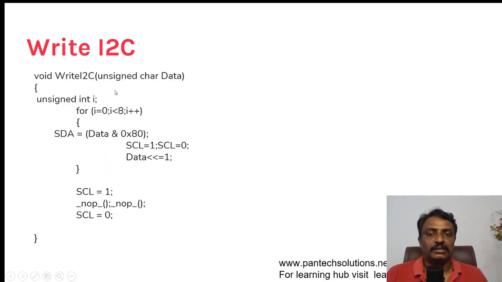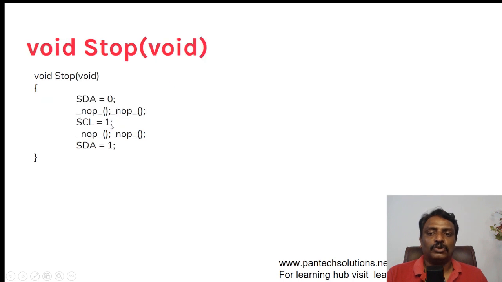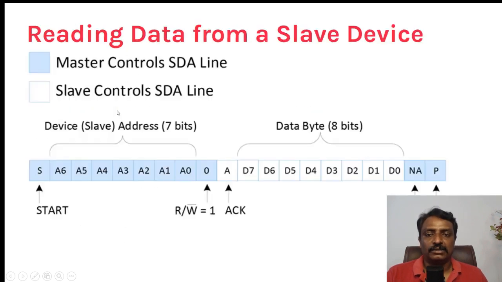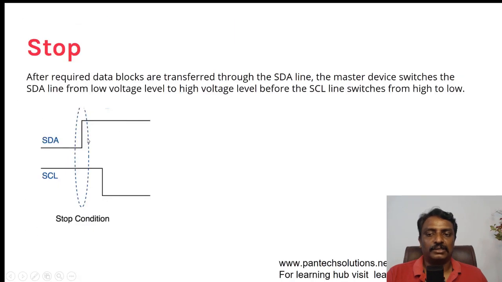Similarly, the stop signal is 0 to 1, with no operations. The SDA line goes from 0 to high, and SCL will always be 1. That's the stop condition, it is here, this 0 to 1.